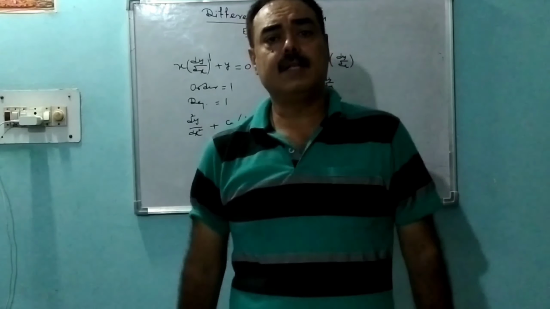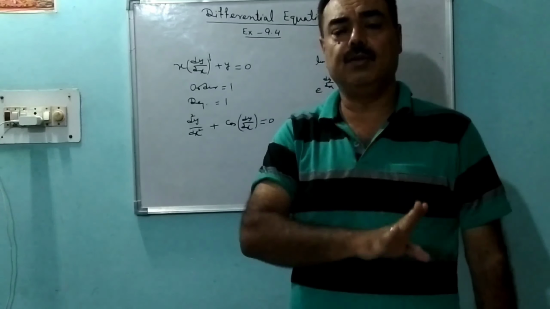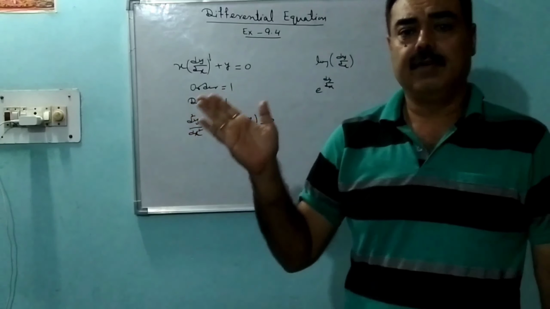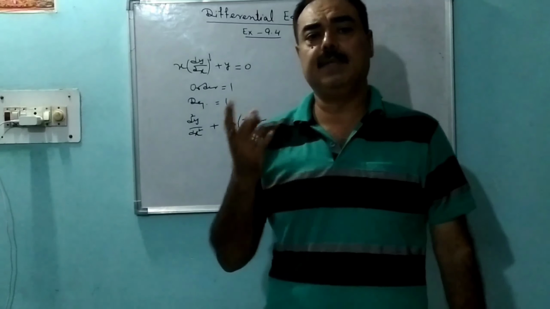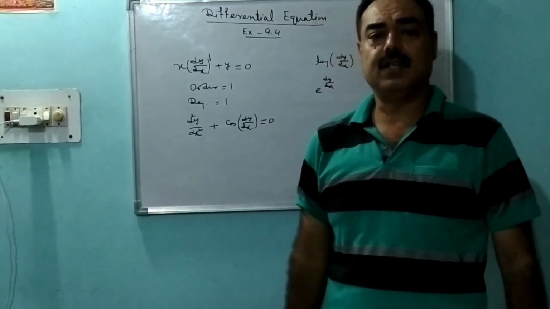Then in that exercise we proved whether this equation is a solution of the given differential equation or not. If that equation satisfies the given differential equation, that means that equation is a solution of that differential equation.